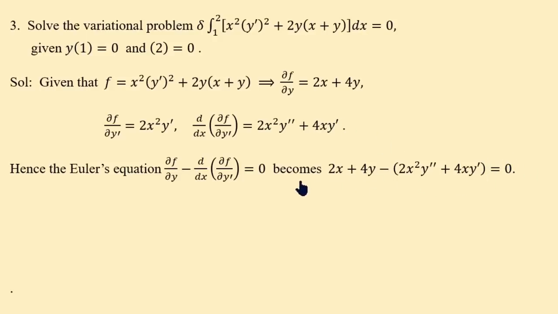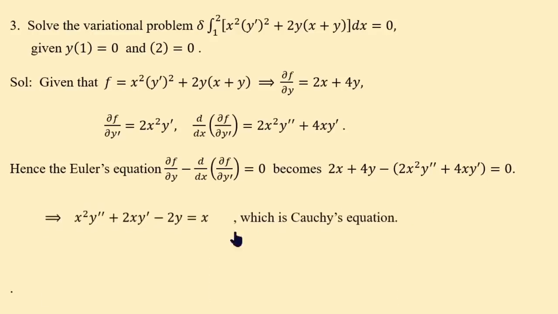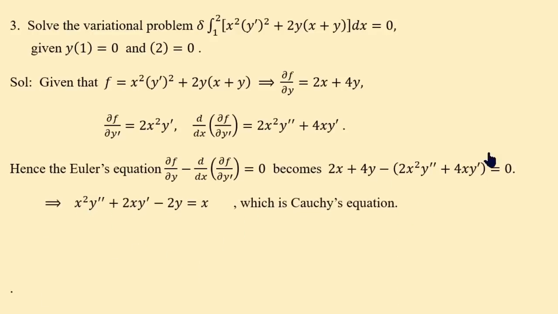Now cancel 2 common: x square y double dash plus 2xy dash equals x plus 2y. Take 2y to the left side, minus 2y equal to x. Now this is a Cauchy equation: x square y double dash plus 2x y dash minus 2y equal to x.